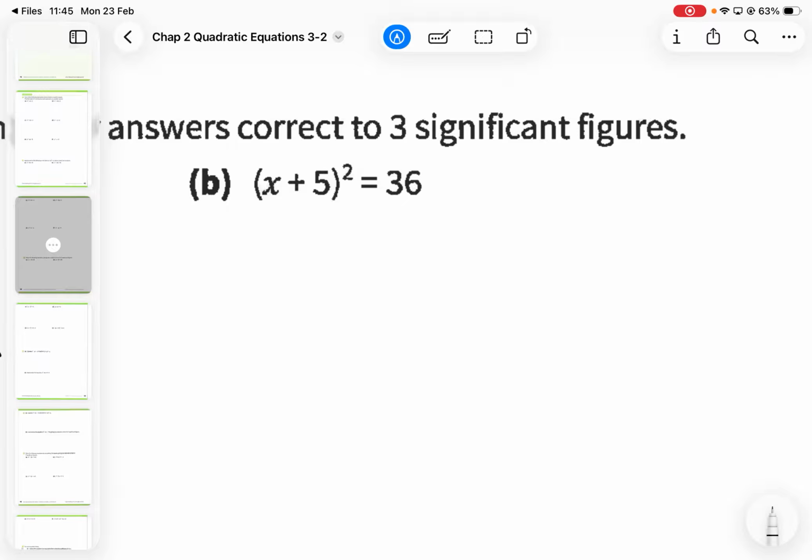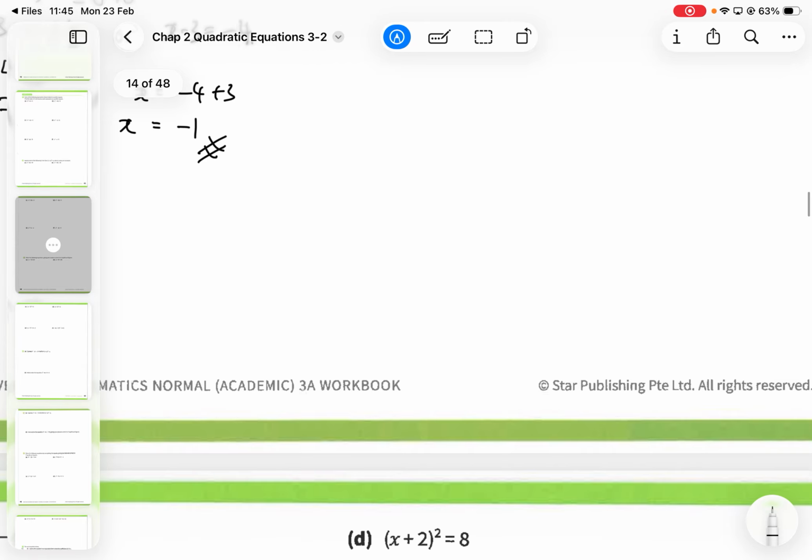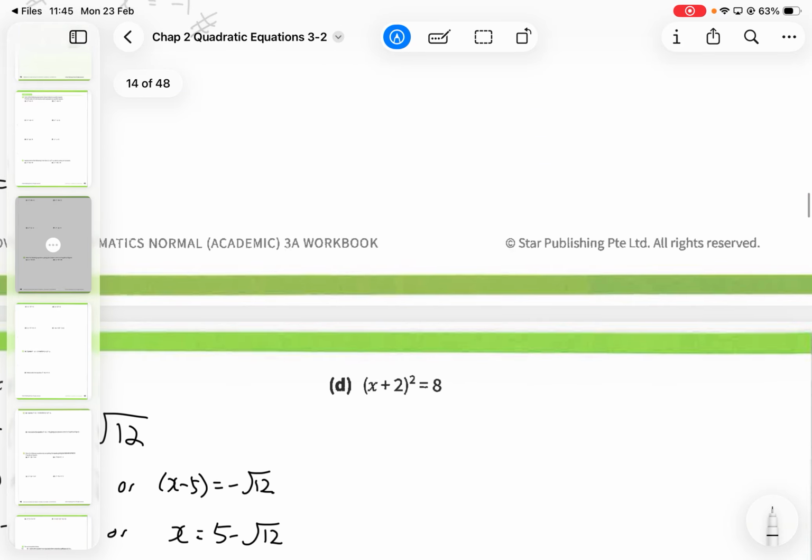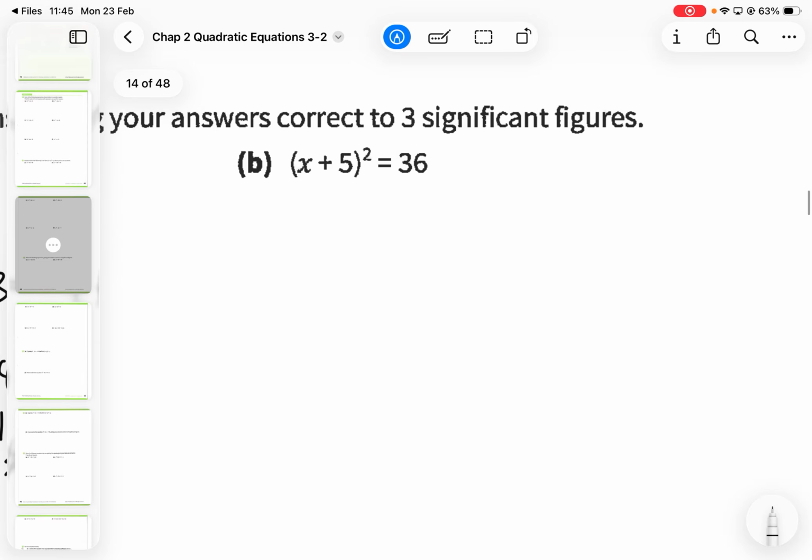Then when you move across, it will become negative 5 plus 6. Negative 5. Like that correct already. Then plus or minus lor, when we square root. So 1 is plus, 1 is minus. 1 is plus 6, 1 is minus 6.